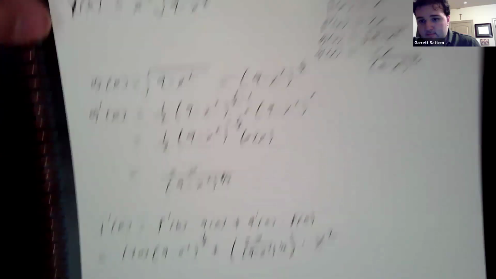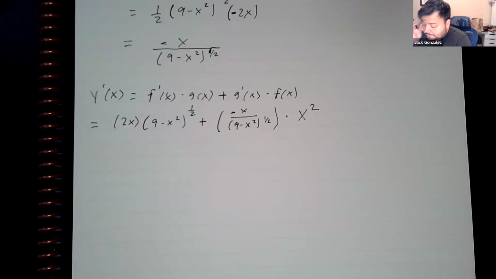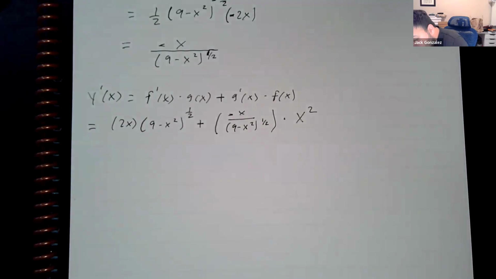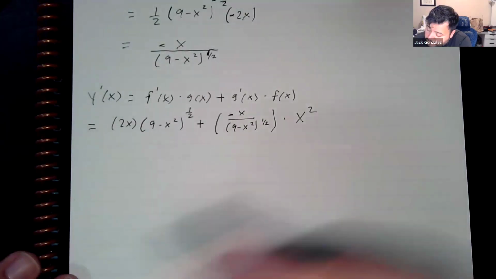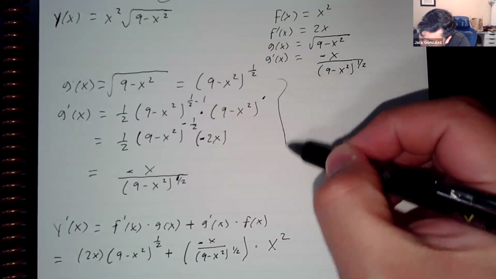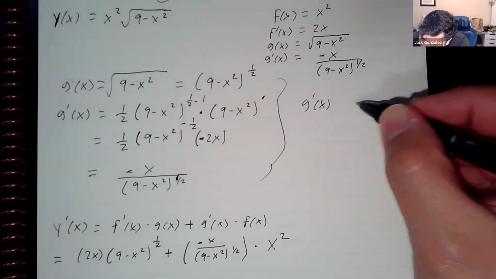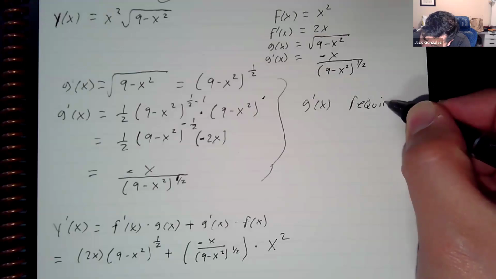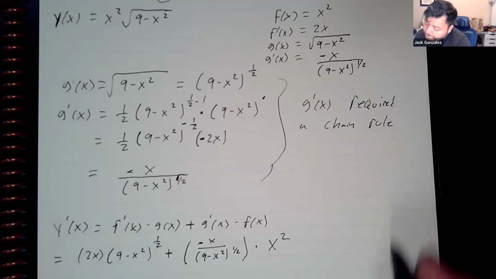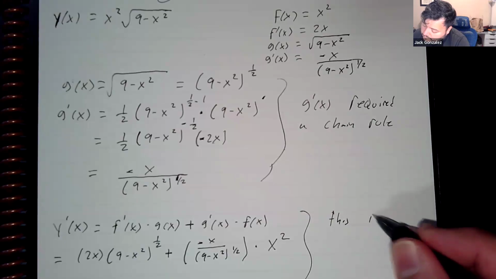Oh yeah, of course. There we go. So there's f prime G, G prime F. So we're doing the product rule right here. So make a note real quick. G prime required a chain rule. This is the product rule.